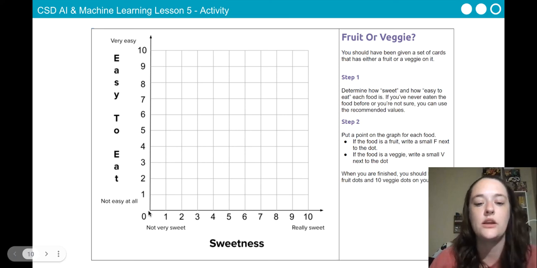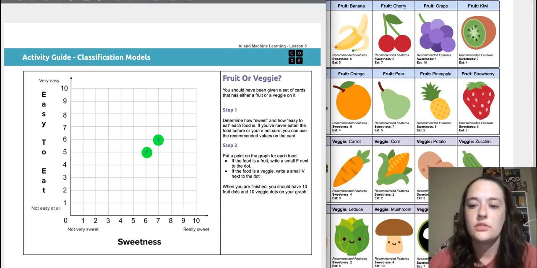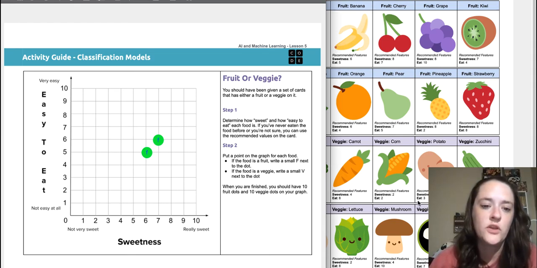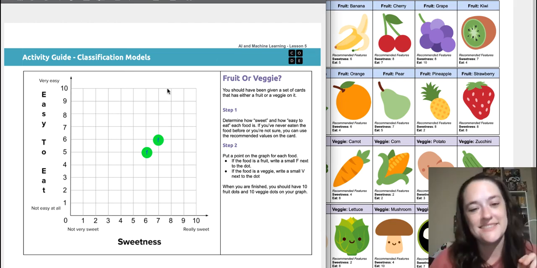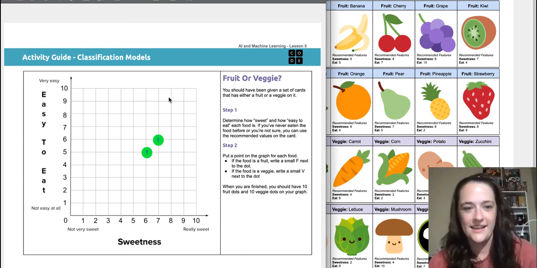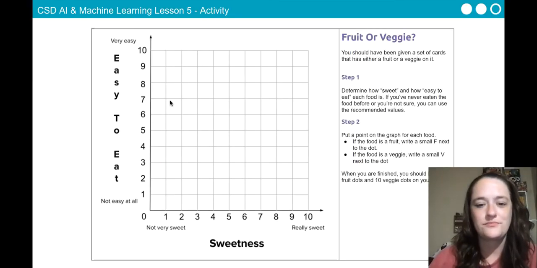And so whenever we are looking at the sweetness point number and the eat number, we're looking at an x and a y. So we're going to find the number on the x-axis, and then we're going to follow that line up to the y-axis. So this right here would be grapes. And I would agree, except unless they have seeds in them. And then it might not be so easy. Might be like a 9. All right.